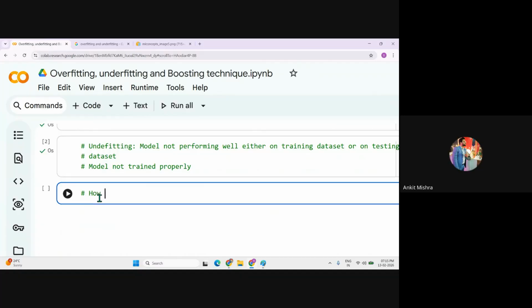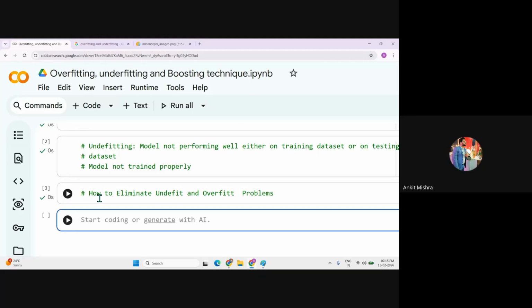Now let's understand how to eliminate the underfit and overfit scenario. We have two different techniques, and we generally refer to them as the regularization method. Just listen first.